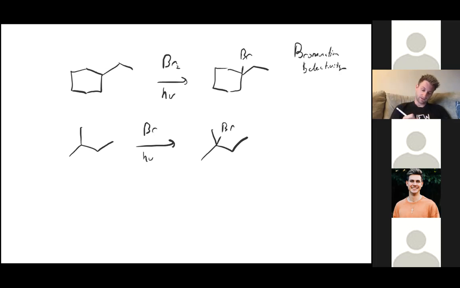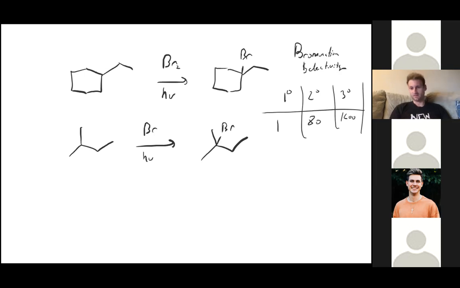The selectivity factor for a primary versus a secondary versus a tertiary center is a ratio of about 1 to 80 to 1600. So you're roughly 1600 times more likely to form the Br at this position than you would be at one of these primaries, and 80 times more likely than you would at one of the secondaries.